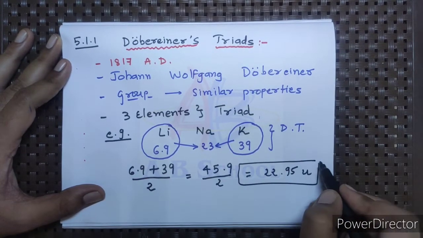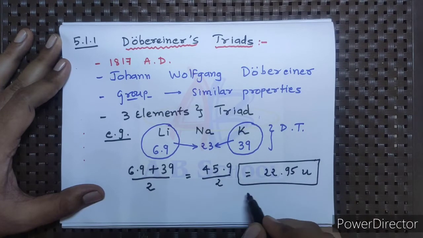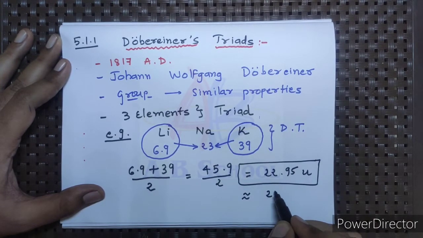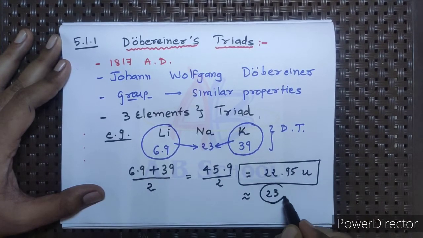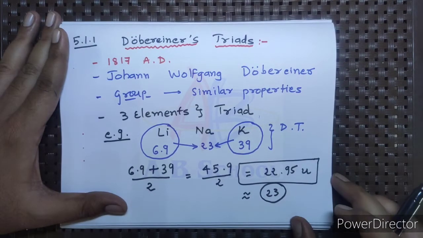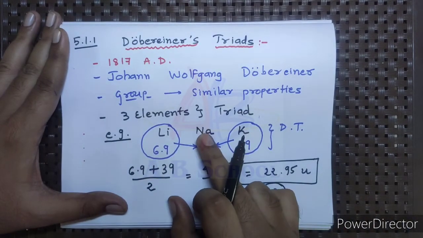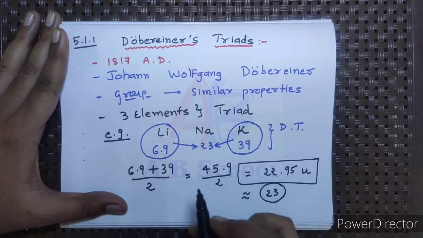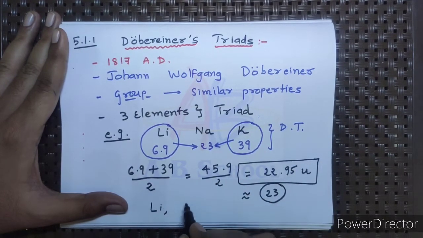As you know, this 22.95 is approximately 23, which means lithium, sodium and potassium represent a Döbereiner triad.